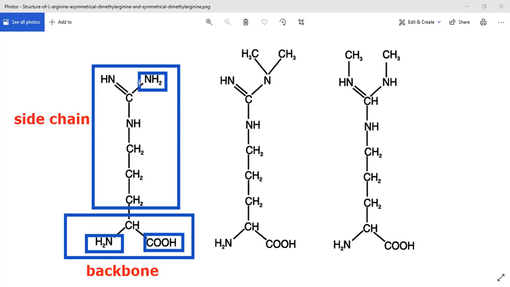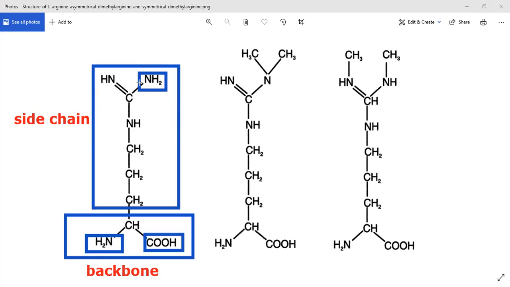What is this group? Amino group. So the side chain can contain an amino group. Now overall, in this amino acid, how many amino groups are there? 2 amino groups are there.